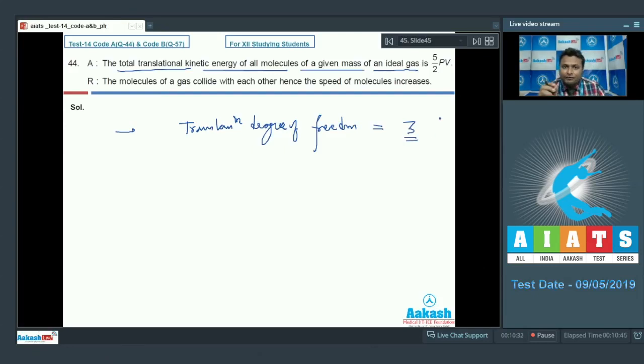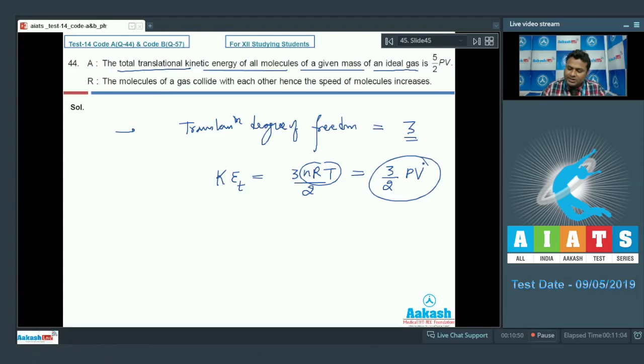And with each degree of freedom we have the energy associated nRT divided by 2. With 3 degrees of freedom, the total translational kinetic energy can be written as 3 nRT divided by 2. nRT is what? PV. So we can write 3/2 PV. But here it is 5/2 PV.